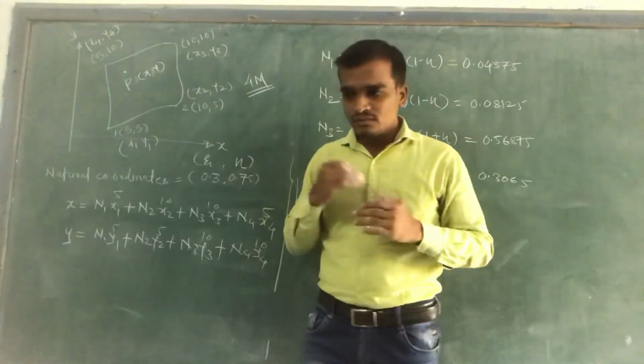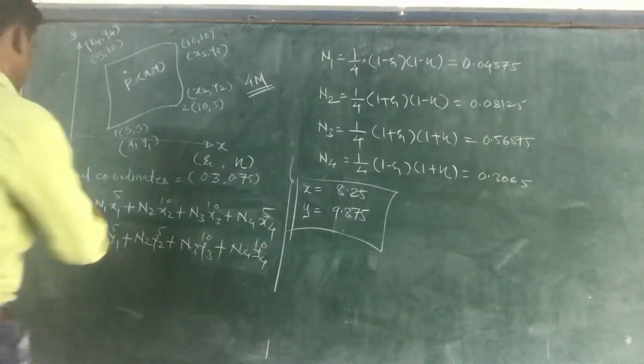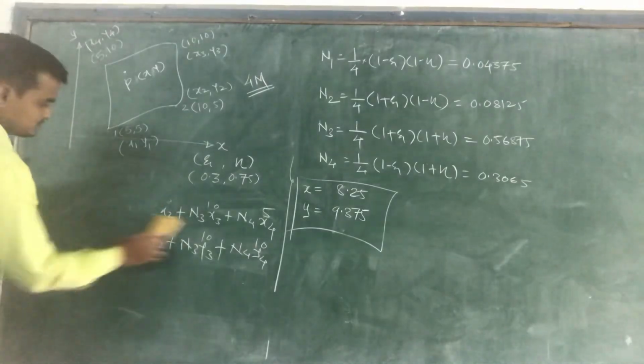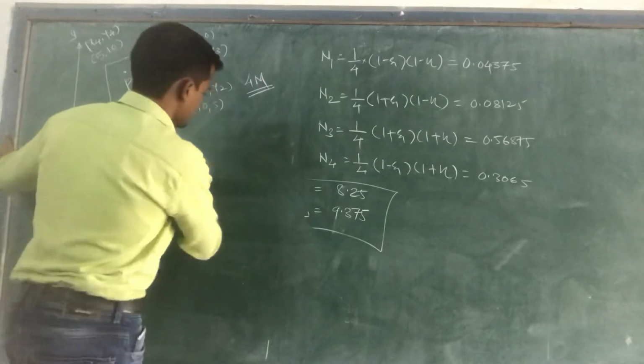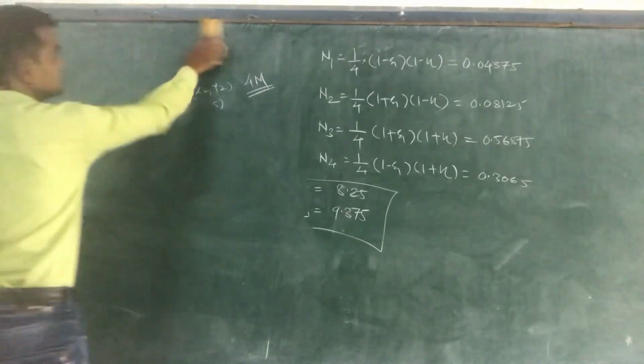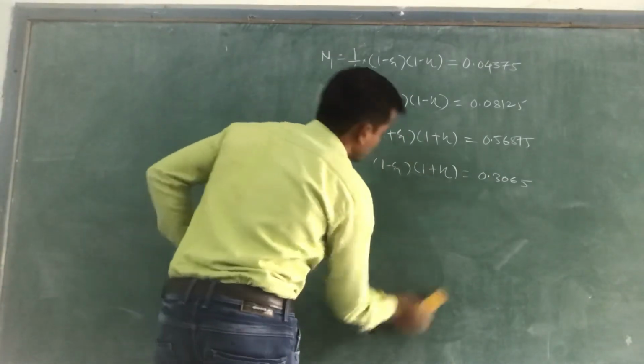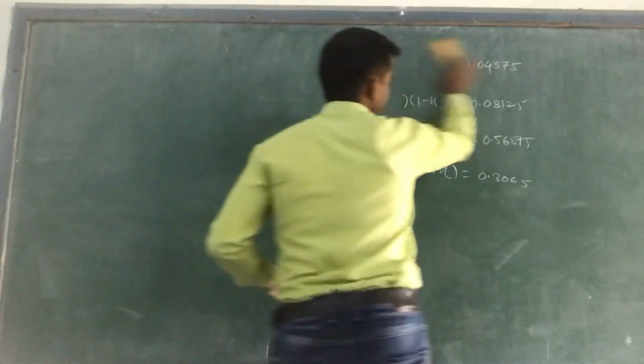Now we will see the second type. So what is the first type? Find out the global coordinates by using natural coordinates.